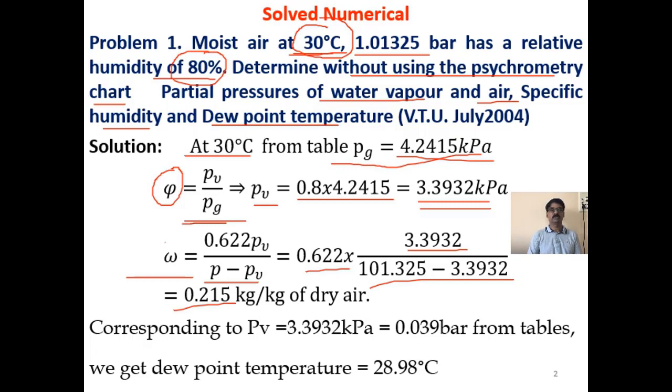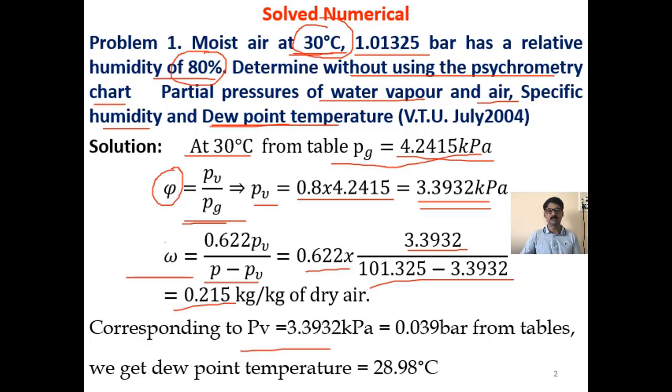Now also you have to find out the dew point temperature. For that you have to go through the table corresponding to the PV value of 3.3932 kilopascal, or it is 0.039539 bar. So let me go through the table. There is no 0.039 bar value, but you have 0.040.